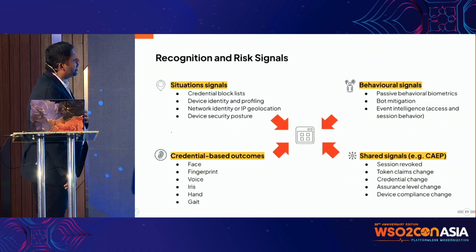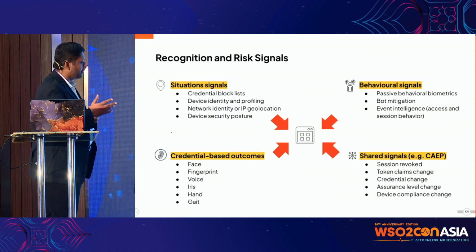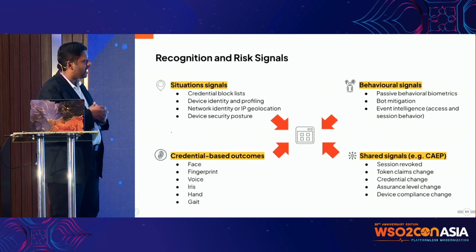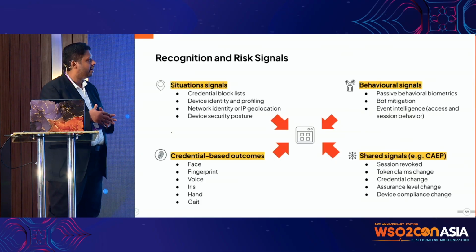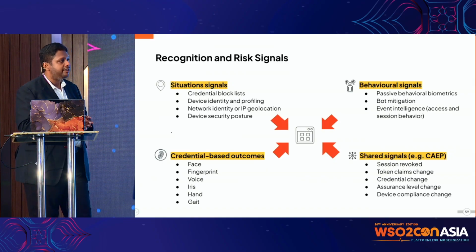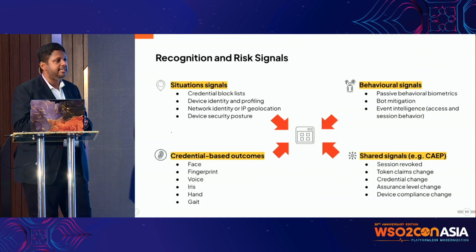Okay, so then moving on with authentication. We spoke about multi-factor authentication, but today we are going beyond multi-factor authentication, and we have adaptive authentication. Adaptive authentication is basically considering more contextual information from that login event, right? So you're looking at various signals.